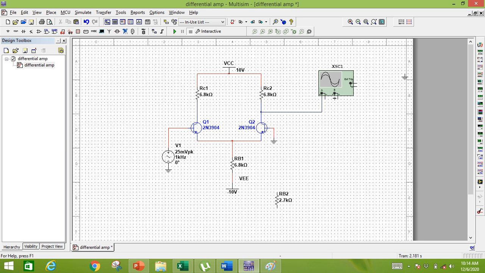Here is channel B for the input voltage. Similarly, I have to ground the other terminals.